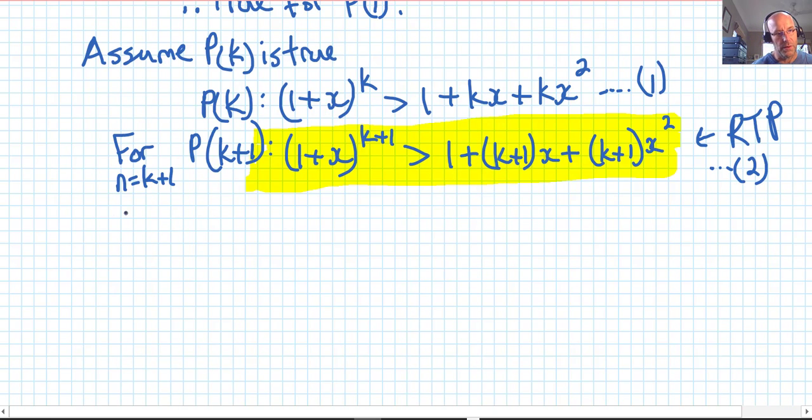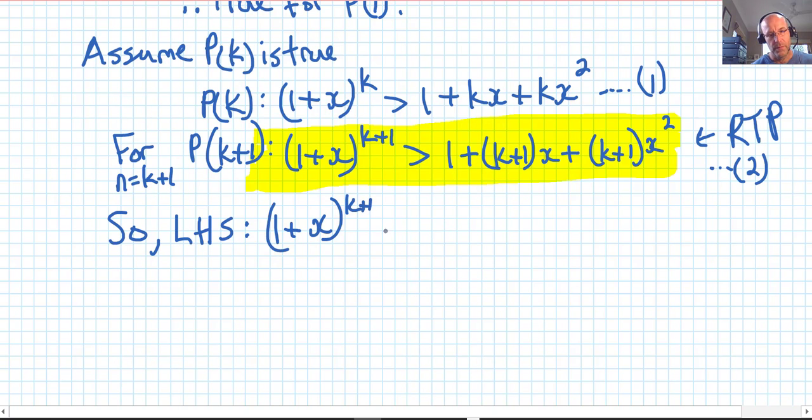And so the left-hand side for this n equals k plus 1 step, we have (1 + x)^(k+1). Now, using our index laws, that would be (1 + x)¹ times (1 + x)^k. So that's x.